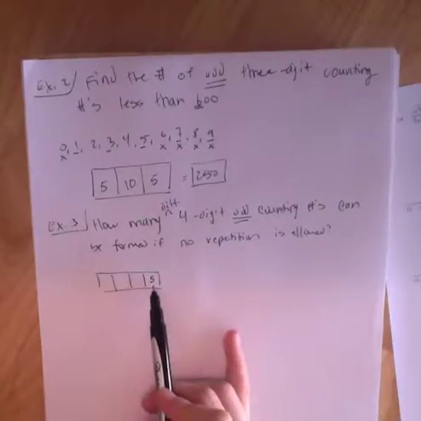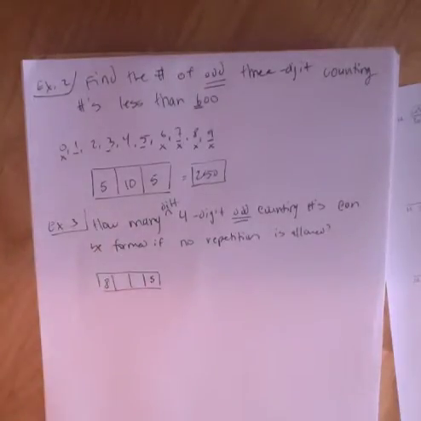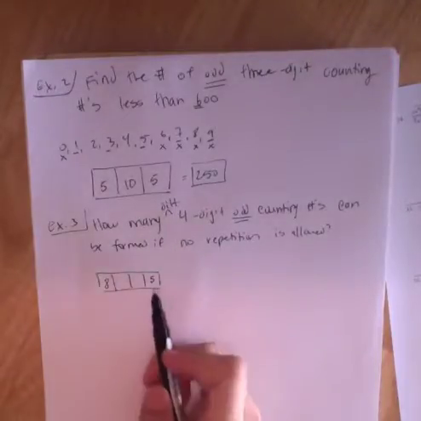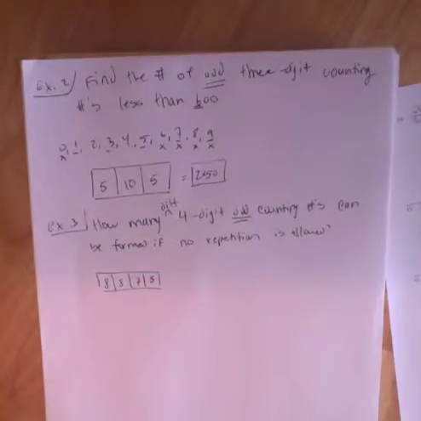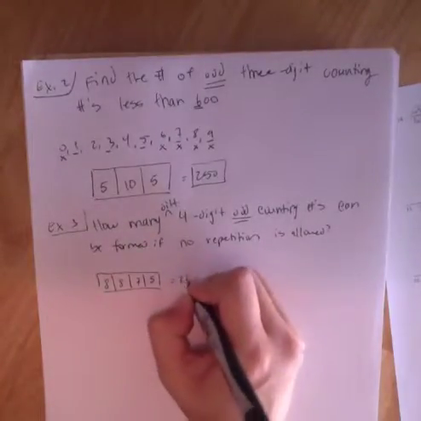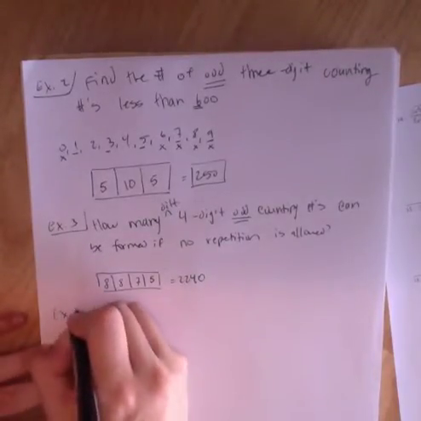And we already used an option here, so that eliminates 2. We have 8 options. Then I've used one option here, so I have 8 left, and then I have 7 left here. And I multiply all of them, and I get 2,240 different odd 4-digit counting numbers. Okay, let's do example 4.